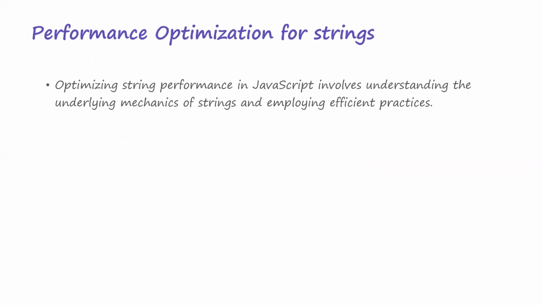So, performance optimization. Optimizing string performance in JavaScript involves understanding the underlying mechanics of strings and employing efficient practices. When we talk about optimizing your string, you have to understand the underlying mechanics of strings, and that is what we have already taught in this chapter extensively.